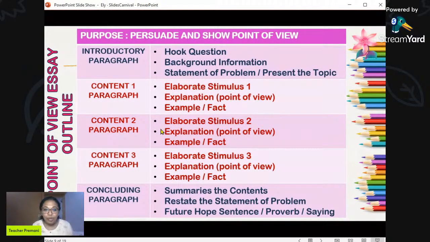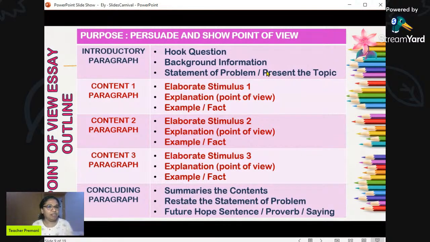After that, you must restate the statement of problem. Just now you presented the topic in the first introductory paragraph, right? That part. You bring it down, but not copy. Rephrase it. Paraphrase it. The idea is the same, but in a different sentence look.